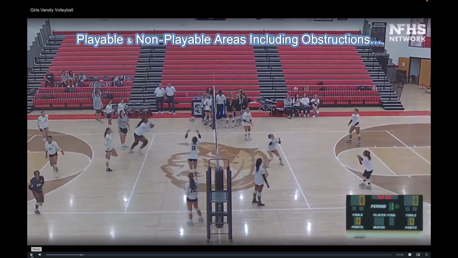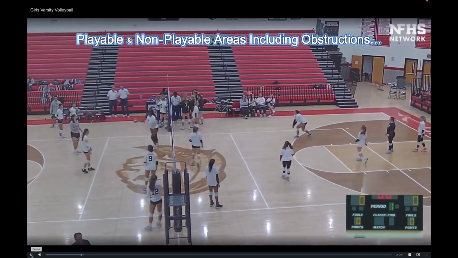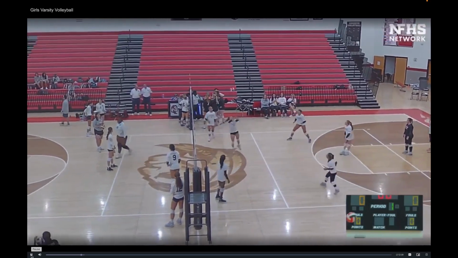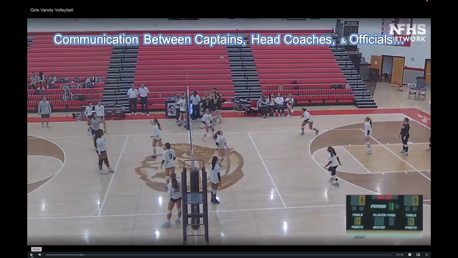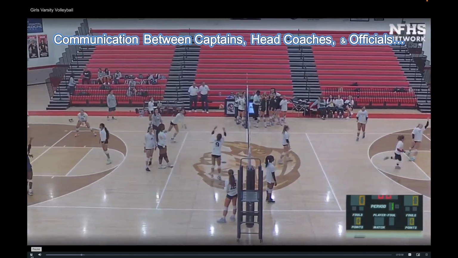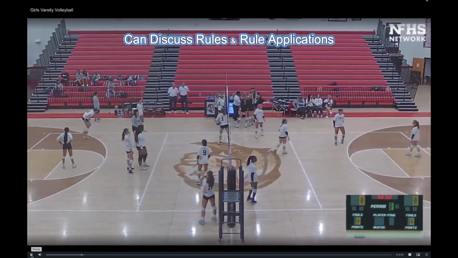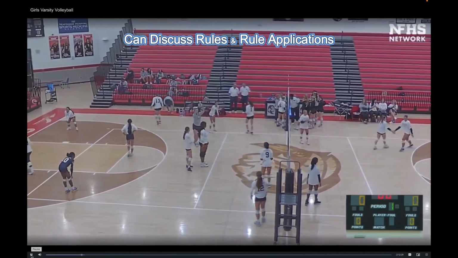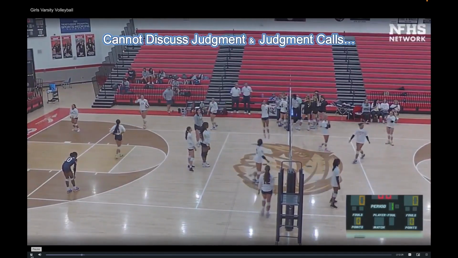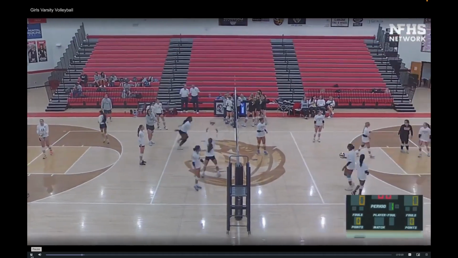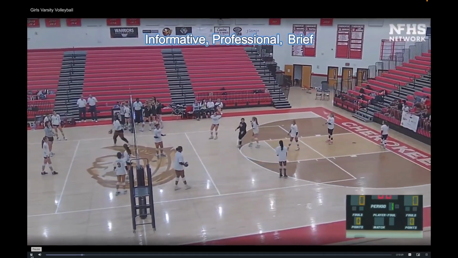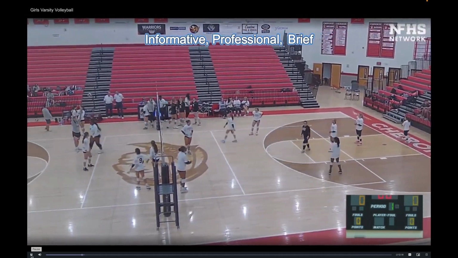Discuss the playable areas if necessary. Discuss the ways that you will be communicating with the players, be it the first referee or the second referee. Let the players know the things that they can inquire about by rule and the things that they cannot inquire about by rule. Make this meeting as short and brief as possible, but as informative and relaxed as possible.